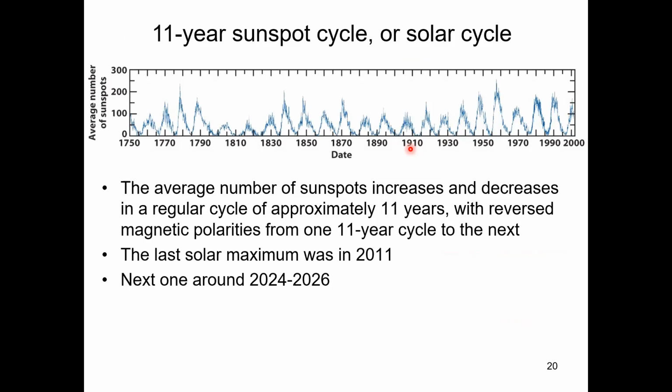From 1750, I don't know how accurate these observations were back then, and leading up to about 2000, you can see a clear pattern. Of course, it's about an 11-year cycle. Every 11 years, you get to the peak.